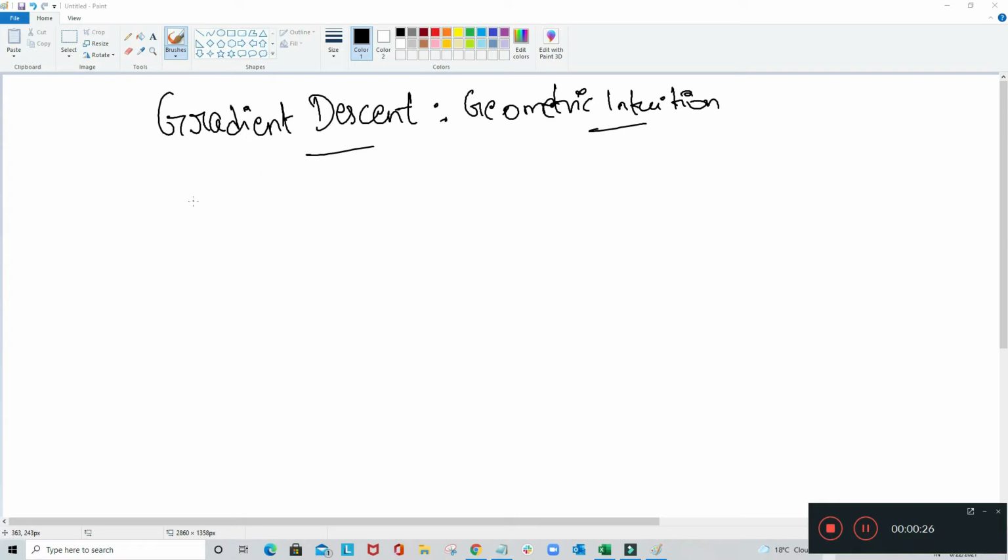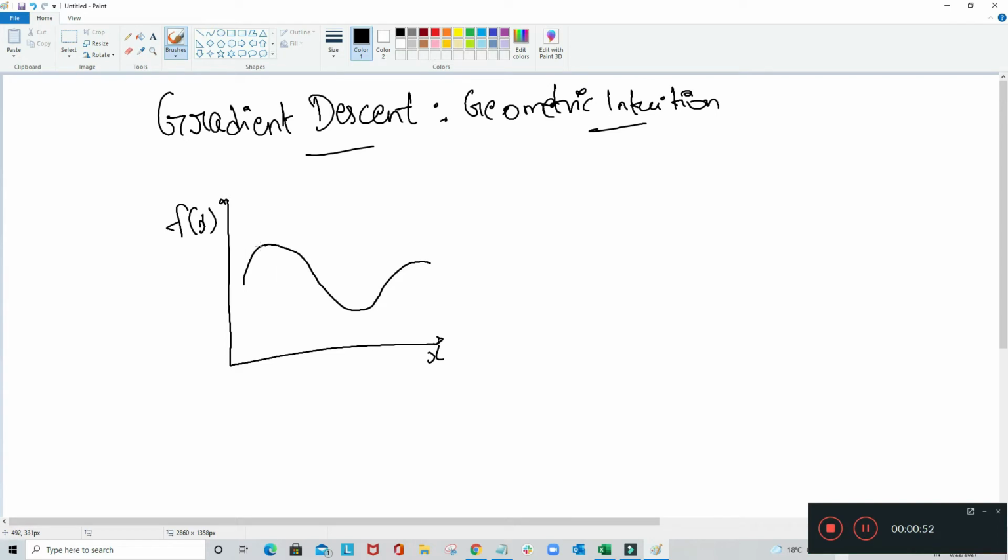Consider we have a function that is defined like this plot, f of x is like this.